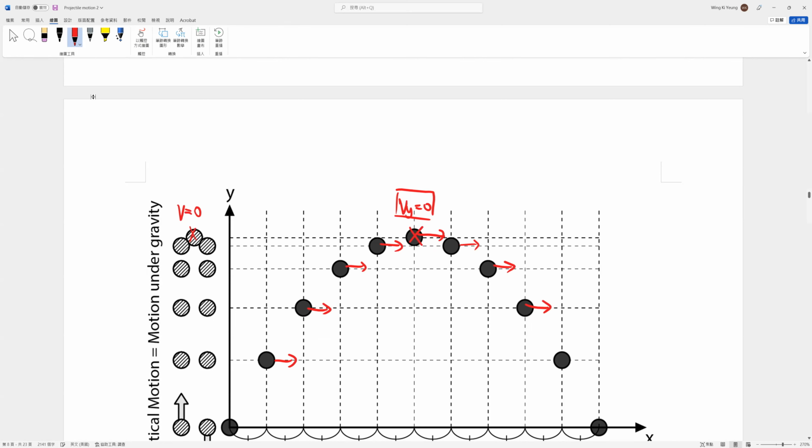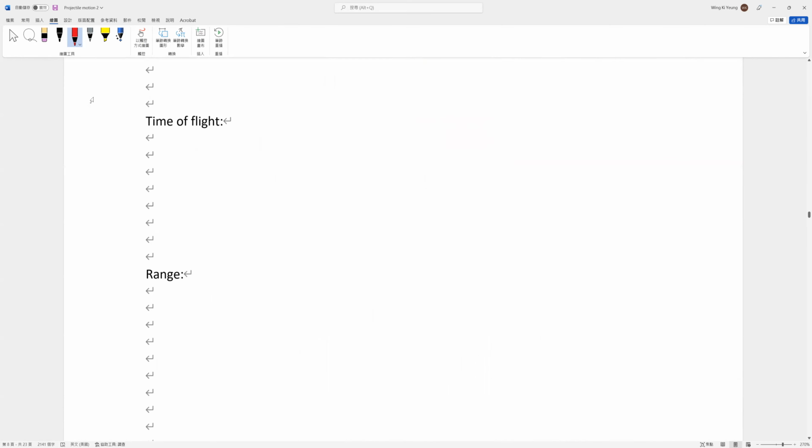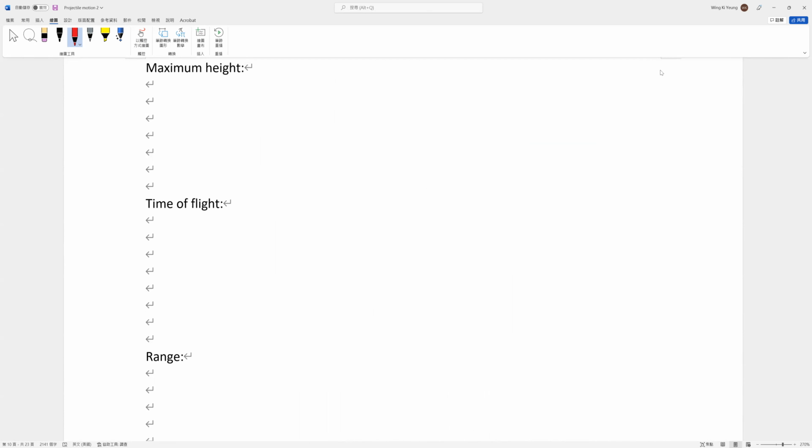Okay. Then we can make use of these. Let me write down the 4 equations here because we need to use them later on.